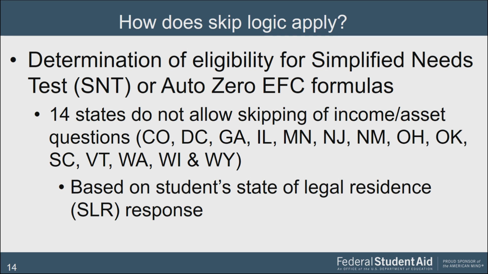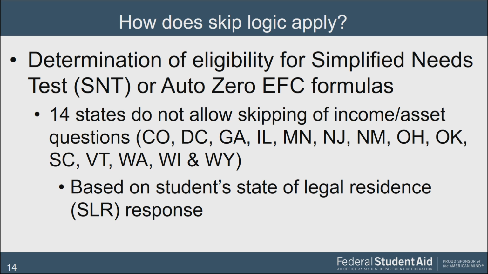So it's the parent's AGI, parents' dislocated worker status, tax return type, all that other stuff. But it's the student being eligible or not. And so whether or not they're allowed to skip questions is based on the student's state of legal residence.